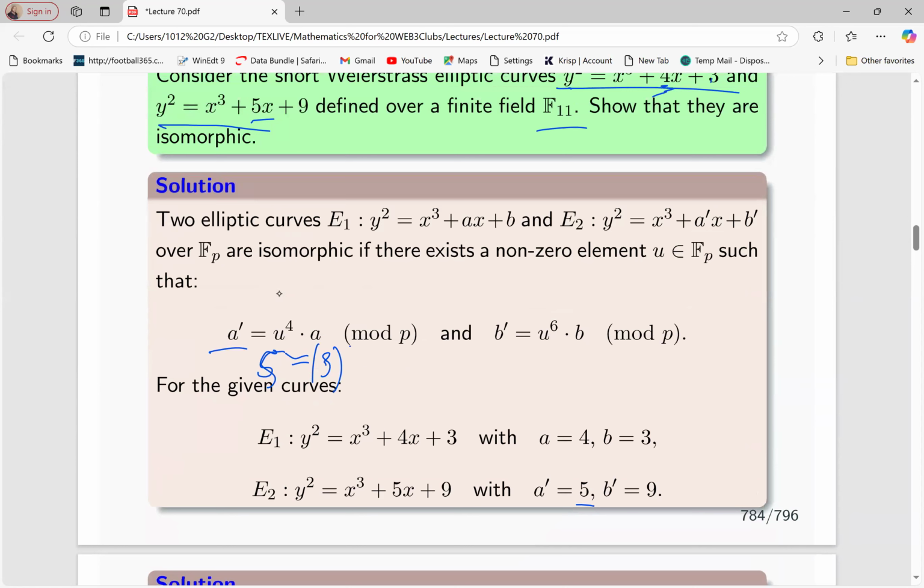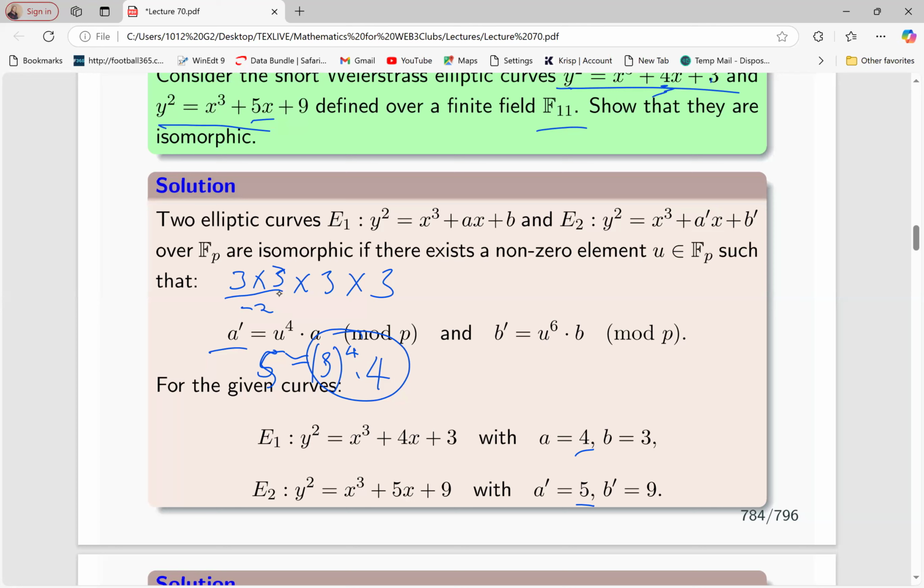So 3 raised to 4, then multiplied by a, our a is 4. I want to see if the right-hand side equals the left-hand side. So 3 raised to 4, we are doing it mod 11. This is 9. Now, to make your work easier, we work with smaller numbers. 9 mod 11 we can write as -2.